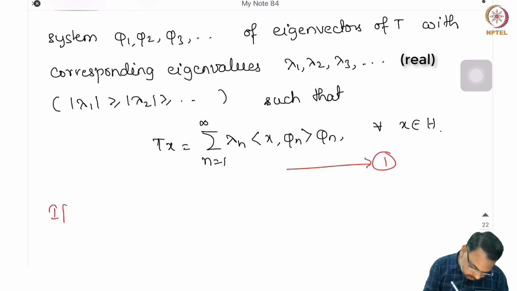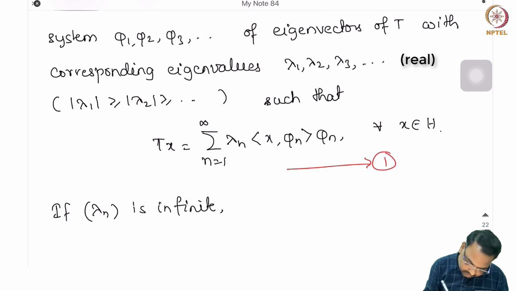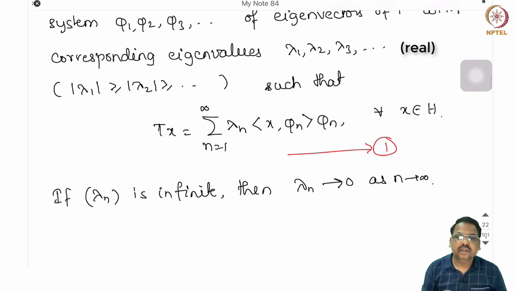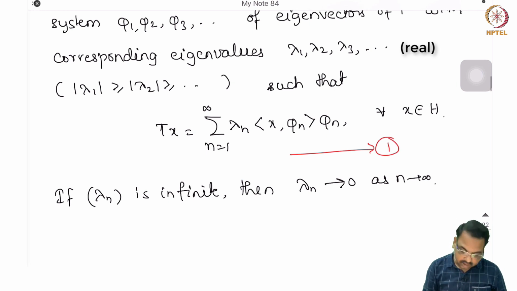If the set of lambda n is infinite, then we can say that lambda n converges to 0 as n tends to infinity. The series on the right hand side of equation 1 actually represents a series of operators, and we can say that it converges to T in the operator norm.